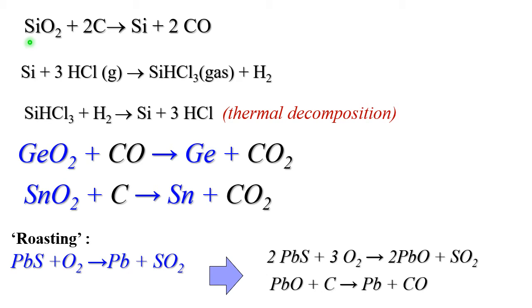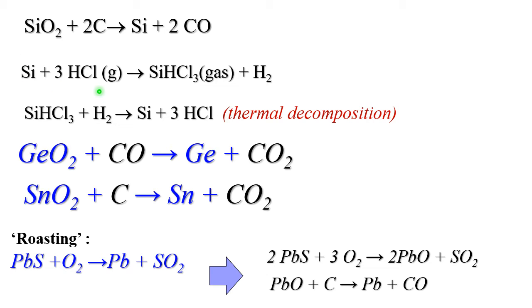To make elemental silicon, SiO2, silicon dioxide, is reduced to silicon by carbon. This synthesis leads to a large admixture of silicon carbide, so the silicon needs to be purified.